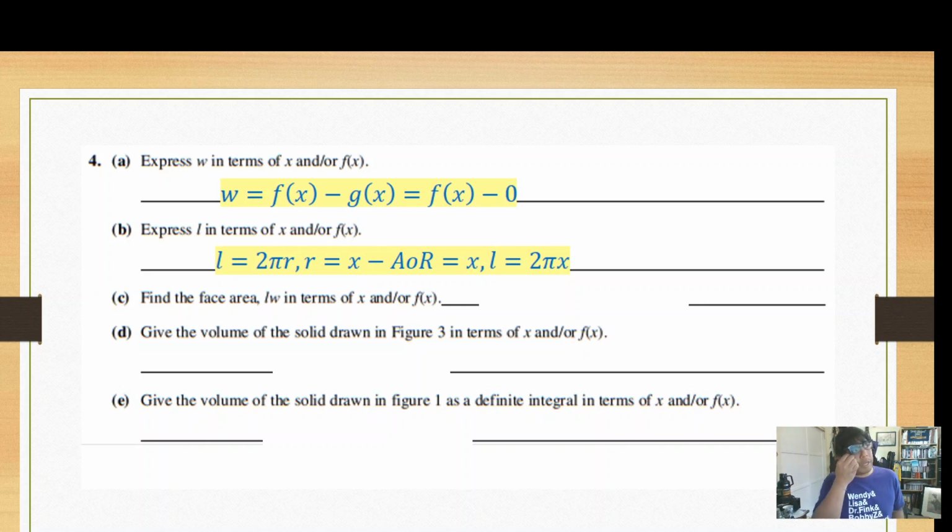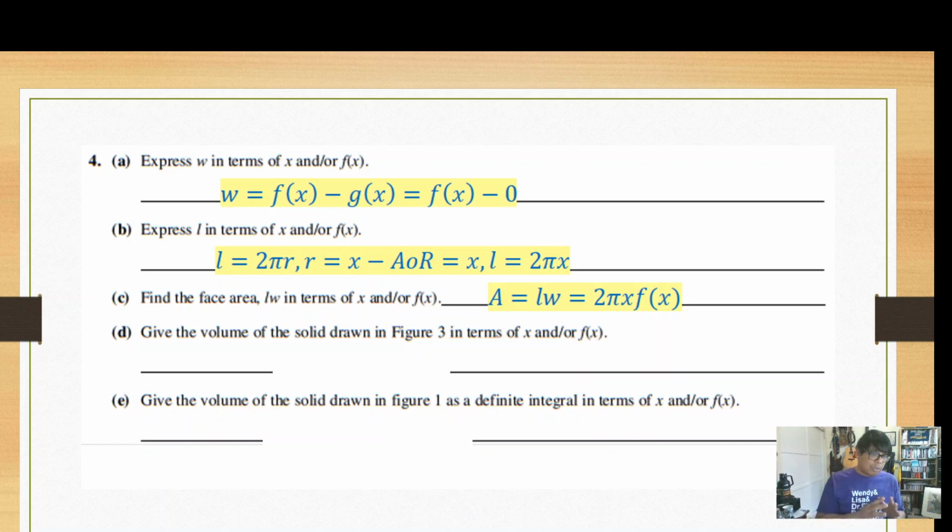W in terms of f of x, well, no, we already did those two. Sorry. We're on letter C now. So the face area, the area of that shell is L times W. Well, we already have L times W. And when we multiply that out, we get 2 pi x f of x. Okay. So if you want to find the volume, all you got to do is integrate all those area formulas.